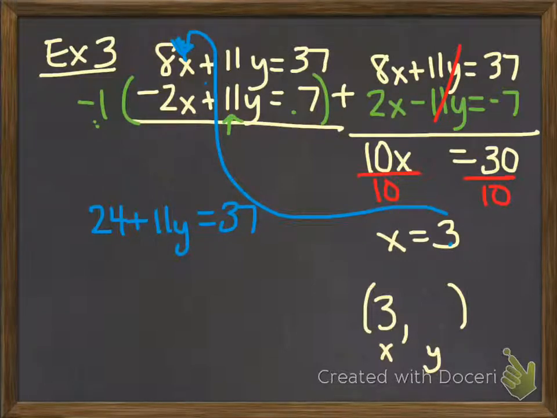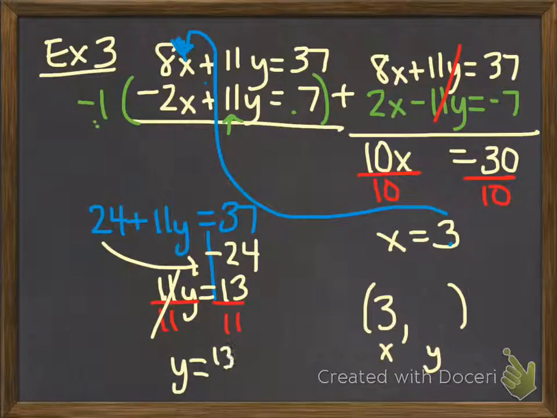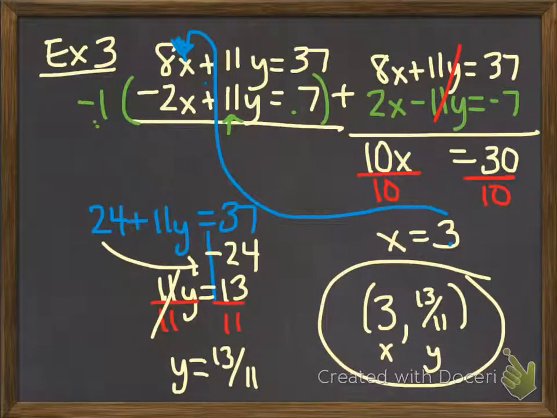Then we're going to subtract 24. We get 11y equals 13. Divide by 11, and you get a fraction. I don't really feel like dividing that on the calculator, so we're just going to leave it as y equals 13 over 11. So that's the point of intersection for these two lines.